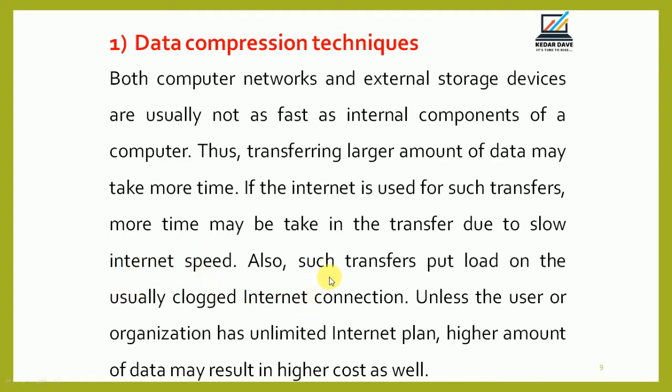Such transfers usually clog the internet connection, right? So unless the users or the organizations have an unlimited internet plan, a higher amount of data may result in higher cost as well, right?